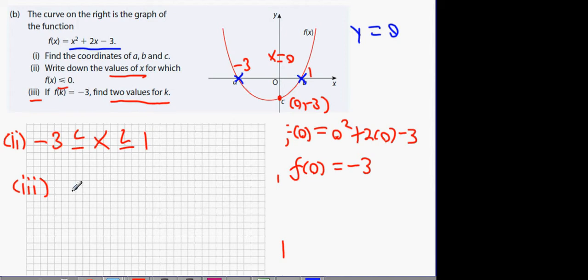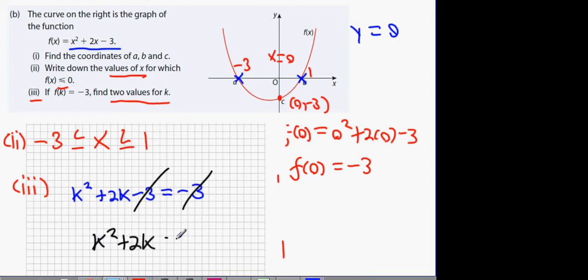So we're going to get k squared plus 2k minus 3 equals minus 3. Cancel the first two. See the minus 3 on both sides? Now we're going to have k squared plus 2k equals 0. How do I factorize that?